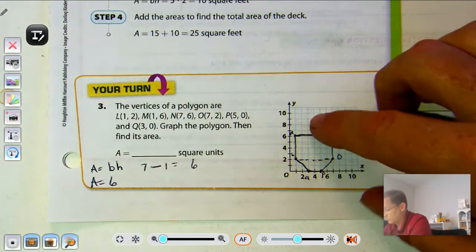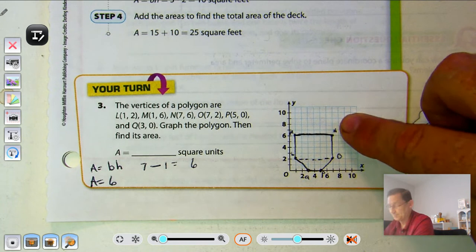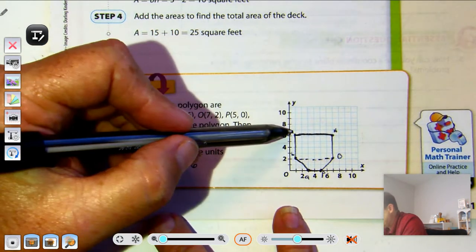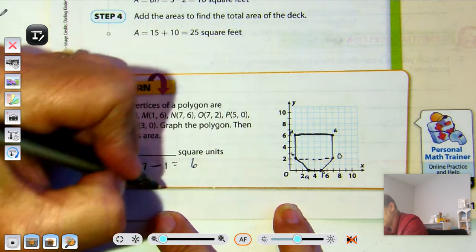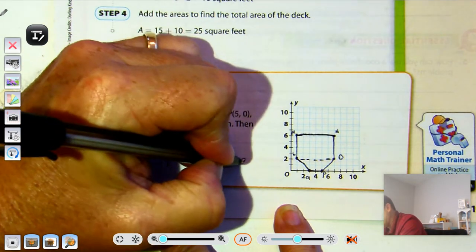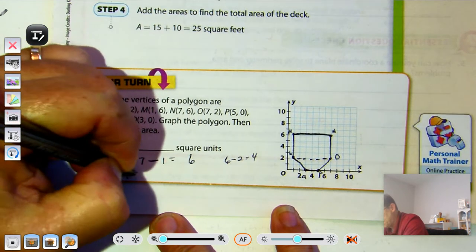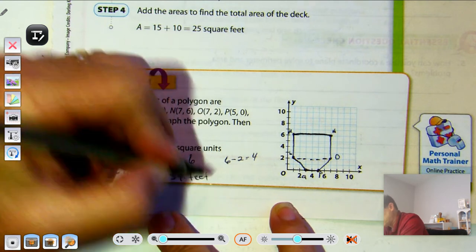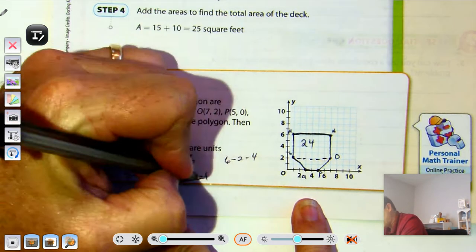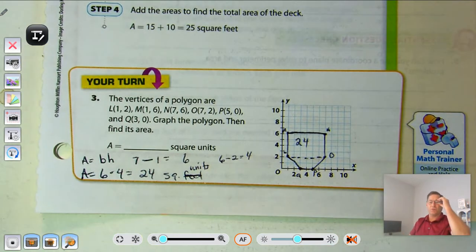The height, we're going to use L to M or O to N. And so M is 6, N is 2. So 6 minus 2 gives us a height of 4. So the rectangle is 24 square units.